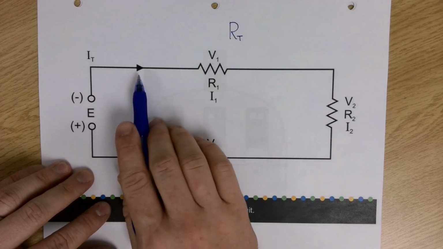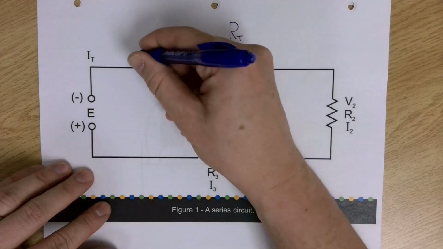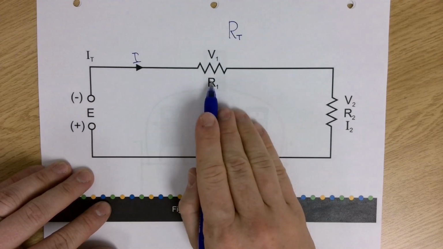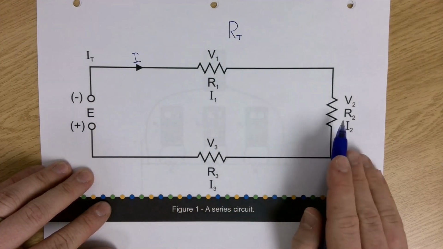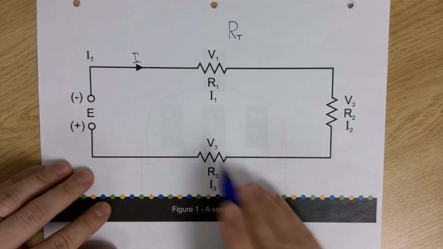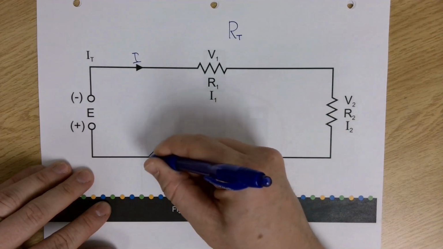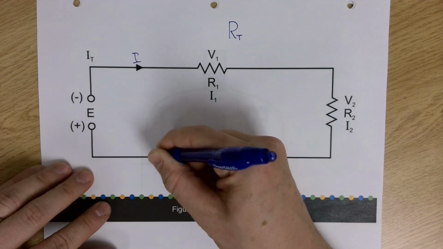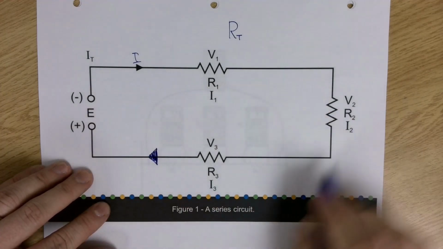They're showing an arrow that just shows current. So this current is going to flow through this resistor first, then resistor 2, and then resistor 3. So by the time it's going back to the source, it's gone through all of those resistors because there's only one path for current to flow.